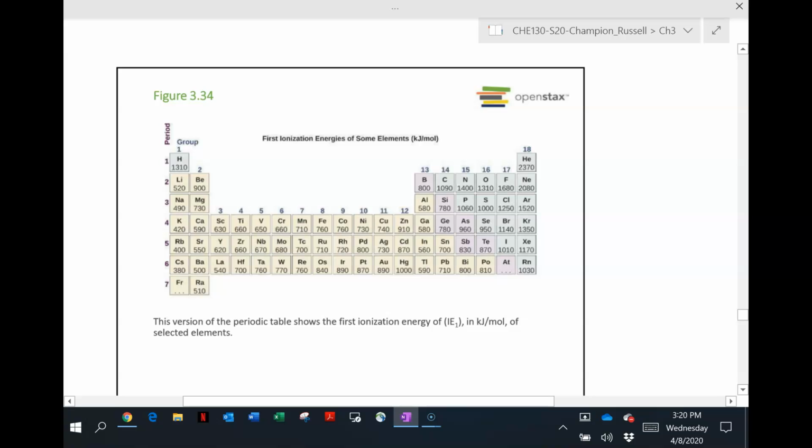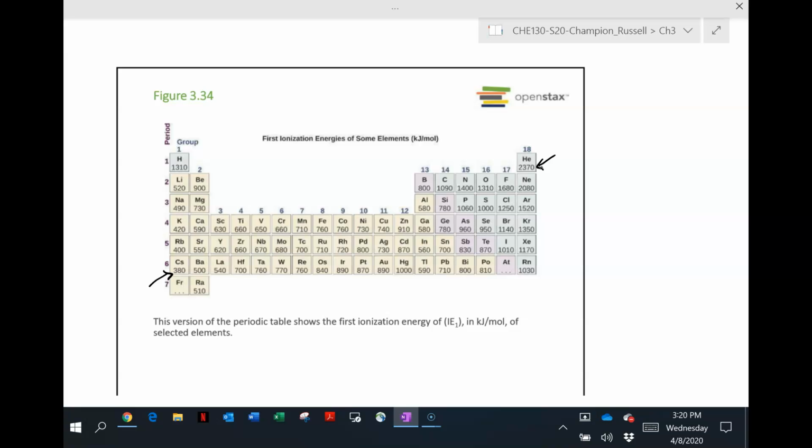Here are some actual values for the first ionization energies. You can see here cesium's is pretty much the lowest, and helium is very uninterested in being ionized. Solar energy is one thing this applies to. The idea behind solar energy is you're taking light and using it to create an electrical current.